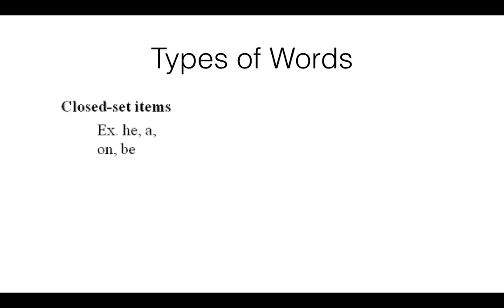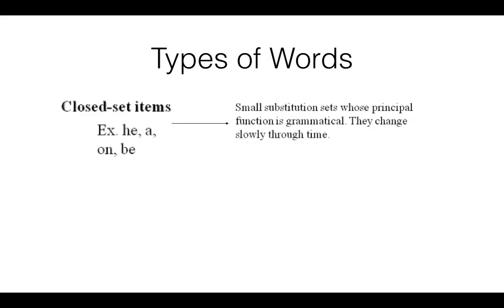Another way of classifying words is that you have closed items. What do we mean by closed items? It means small substitution sets whose principal function is grammatical. They change slowly over time.